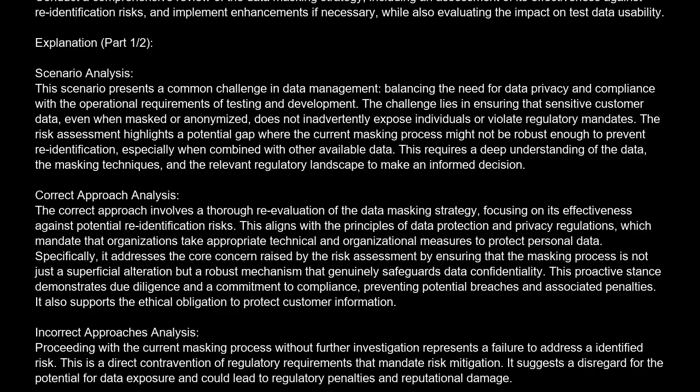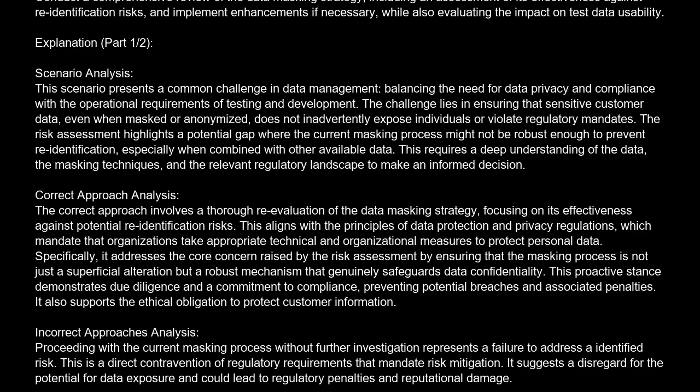Incorrect approaches analysis. Proceeding with the current masking process without further investigation represents a failure to address an identified risk. This is a direct contravention of regulatory requirements that mandate risk mitigation. It suggests a disregard for the potential for data exposure and could lead to regulatory penalties and reputational damage.